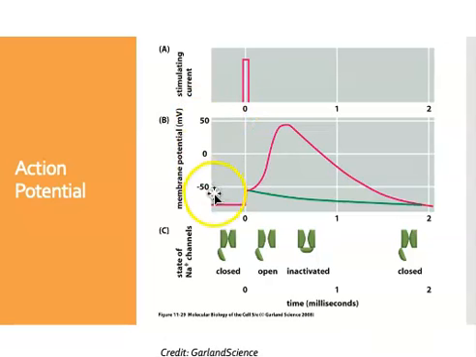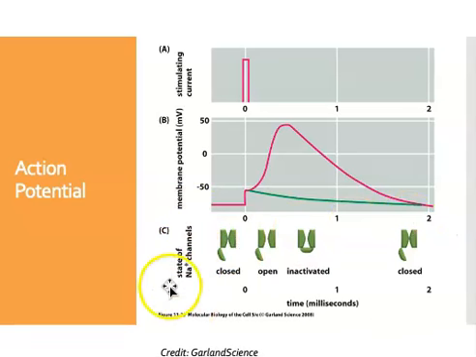The middle graph here has the same axes, time across the x-axis, again in milliseconds, and voltage on the y-axis. And you can see the voltage is ranging from approximately minus 60 all the way up to about plus 50. And you can see this pink line here changes across these 2 milliseconds. The green line is there to show us a different condition, and we'll talk about both of those.